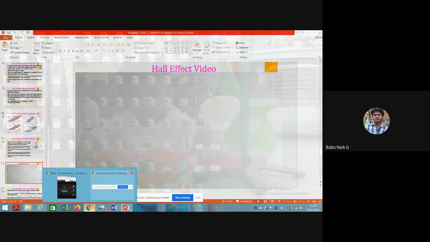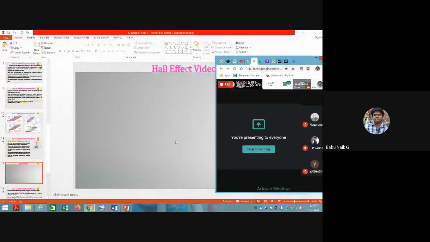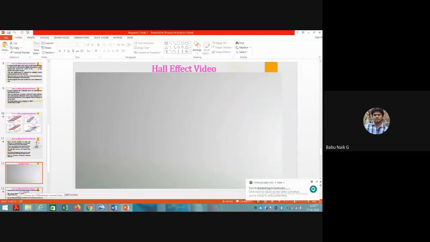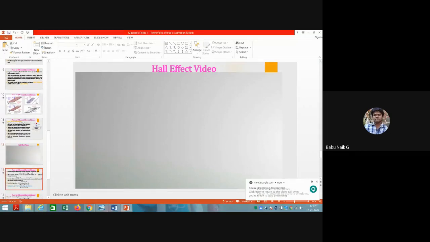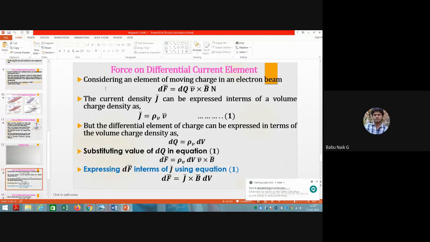Okay, so this is the video on Hall effect. From this, for Hall effect we will have one mathematical equation. Now consider an element of moving charge in an electron beam, which we can also see in a CRO, heated completely thermally, so the charge is moving as an electron beam.